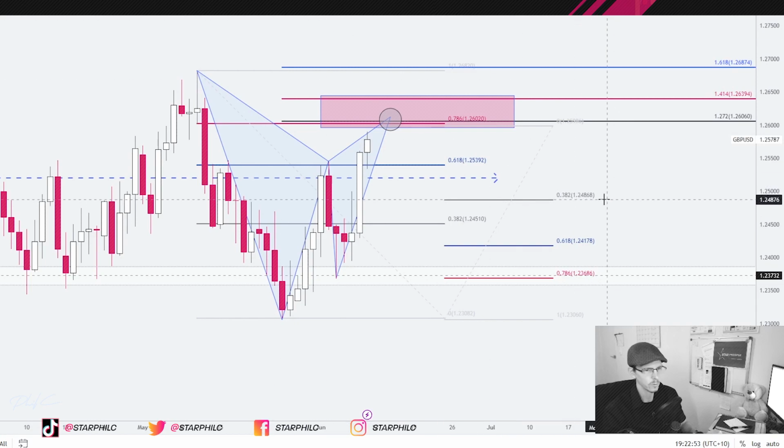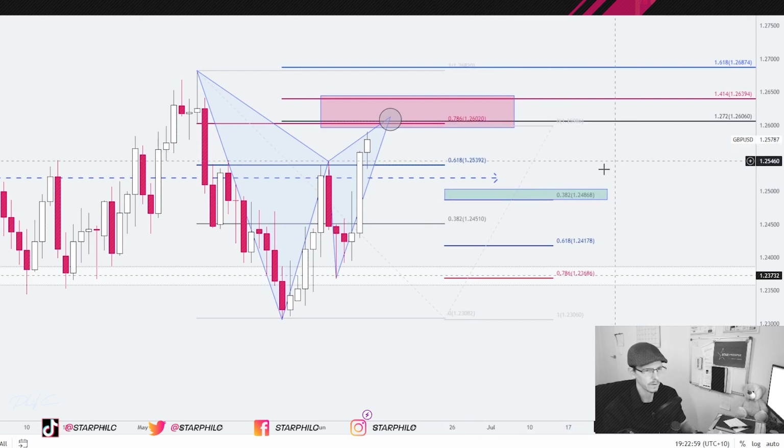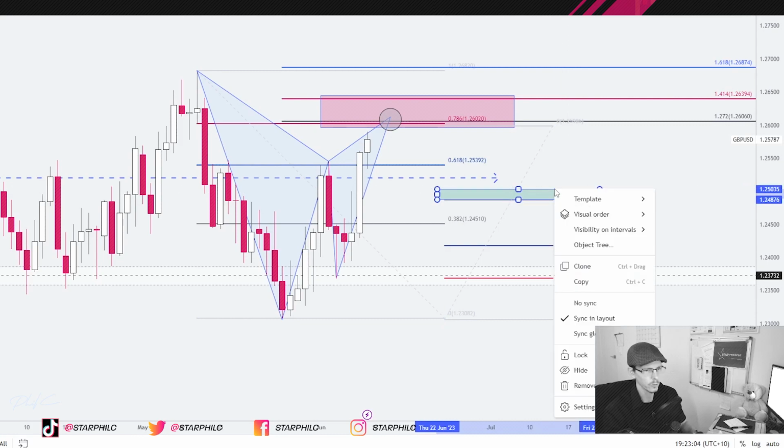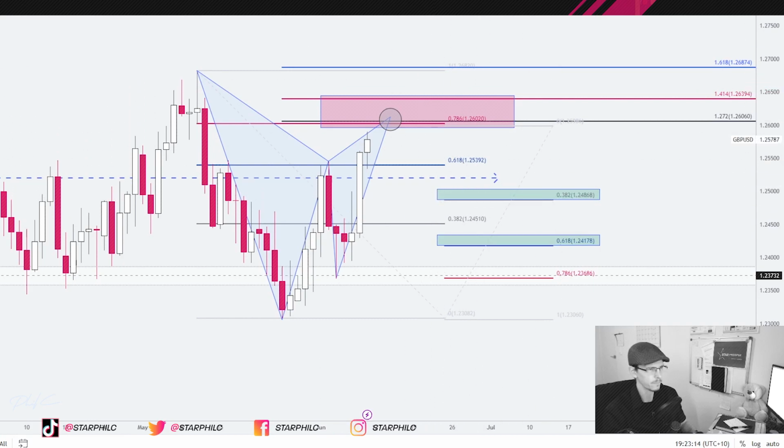So target 1 would be at 382, make this green, like that. Target 1 would be at a 382, and then let's duplicate this, move it down to the 618, and that is where target 2 would be, right?